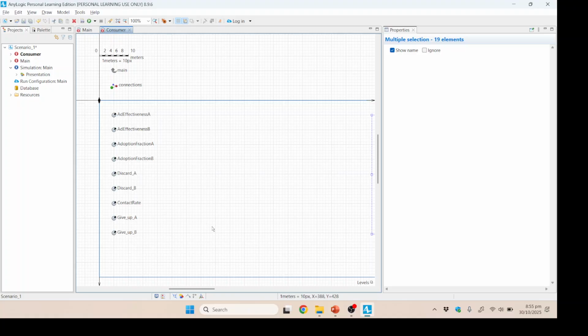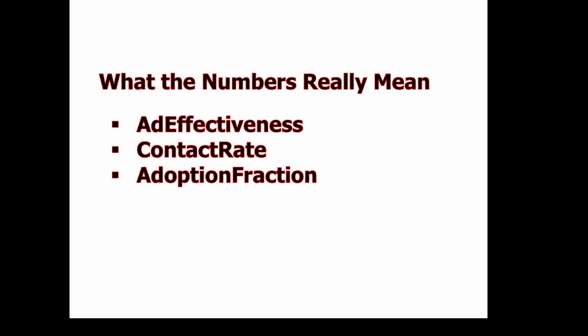The other times, discard A, discard B, are straightforward. They are just giving the discard time of the product A and B, and similarly give up A and give up B are simply giving the time which is uniformly distributed, and it represents the time when the consumers give up A or B. So let's get back to the slides.